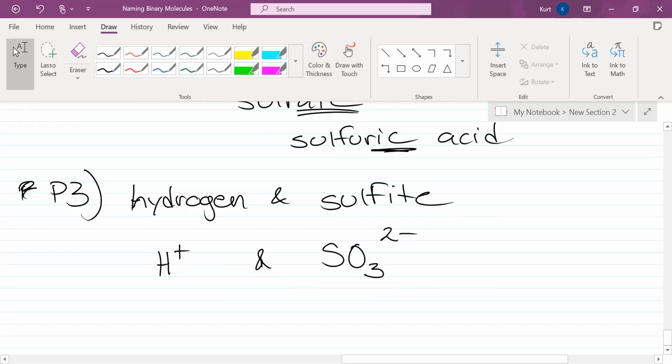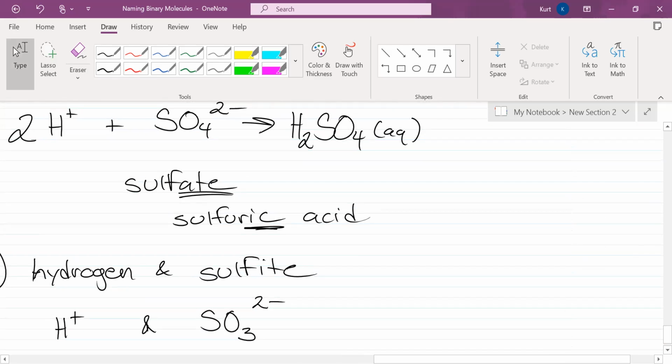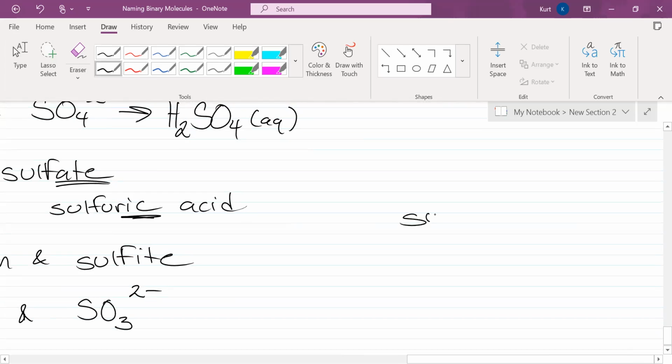Now, I want to give you guys a little suggestion here. Pay attention to this. I taught you this before the break. What is the only letter that separates sulfate from sulfite? A and I. The one that ends in ATE has one more oxygen than ITE. Know that.